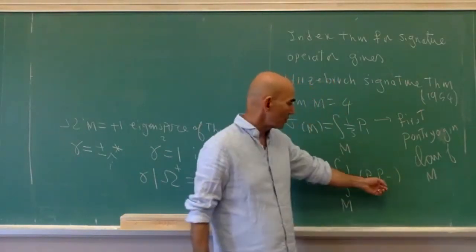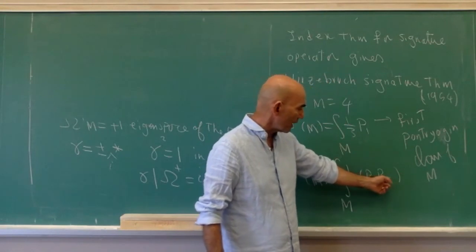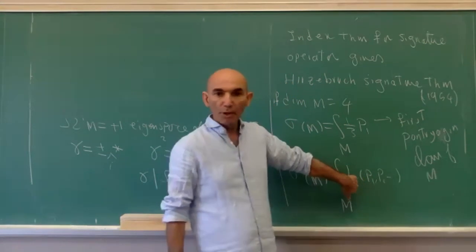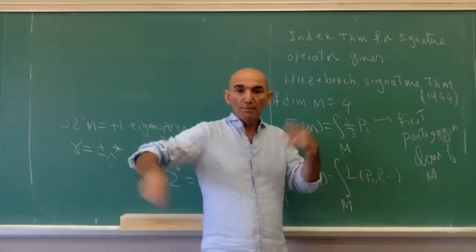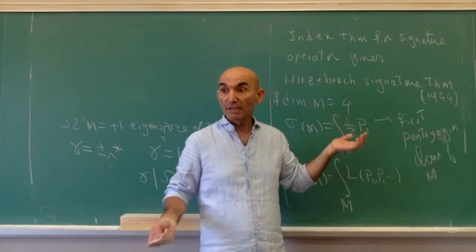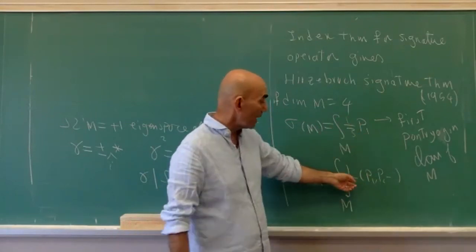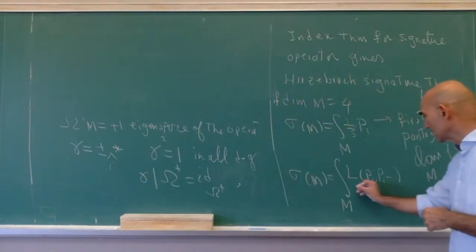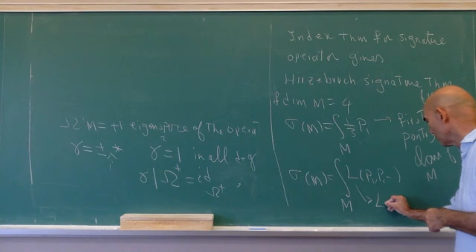So this is dimension 4, this is dimension 8, and so on. This is a polynomial in these variables. You multiply them, add them, you get a 4k form. Integrate that. This is called the L polynomial of Hirzebruch.